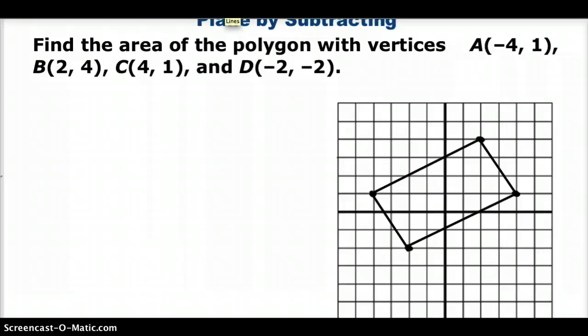I'm going to take the highest y value that we have here and the x value that's furthest to the left, and make a dot right here. Then I'm going to take that dot straight down all the way to our lowest y value, go all the way across to my largest x value, and then back up to my largest y value.